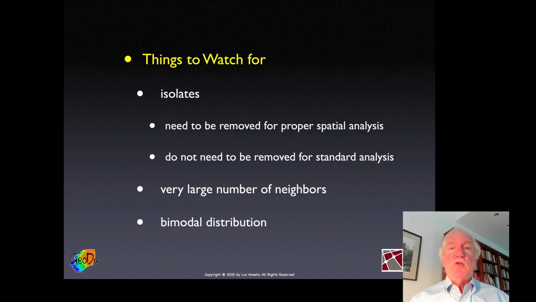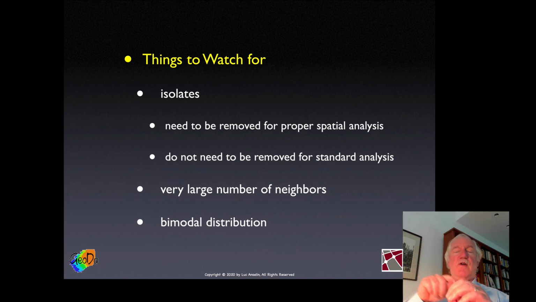Also, a bimodal distribution. What's a bimodal? I already mentioned. Some observations have very few neighbors and some have very many. And in the lab notes, I actually give an illustration. In the state of Virginia in the United States, some counties are city counties and other counties are just regular counties. A city county is surrounded by another county.